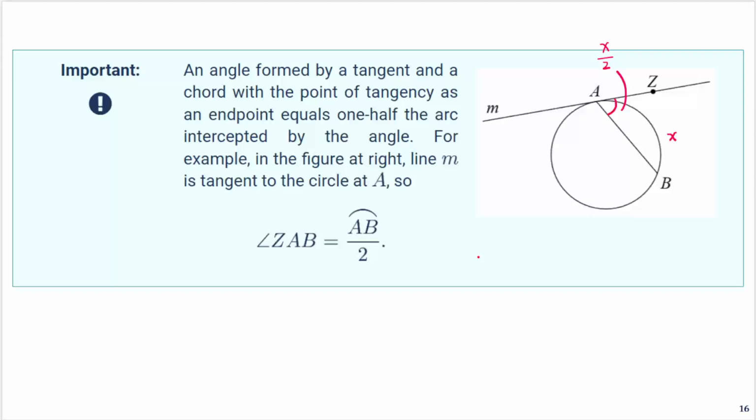So this angle here is also called an inscribed angle, because it also equals half of the corresponding arc, right? So if you have another point here, let's call it D, this angle equals this angle. Both of them are called inscribed angles of arc AB. You get it?